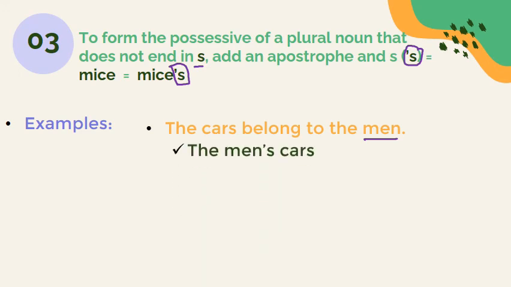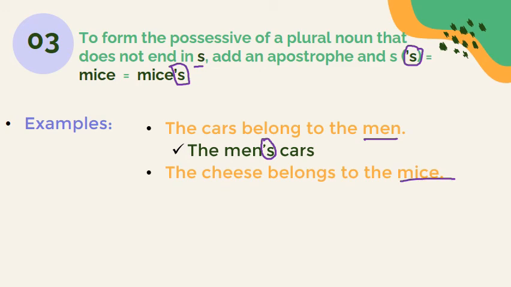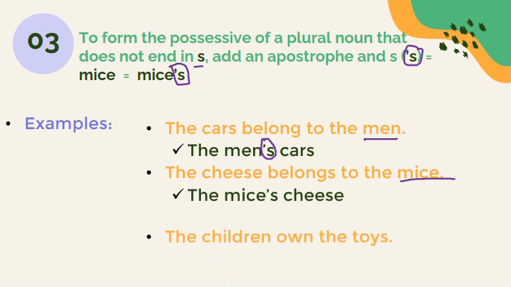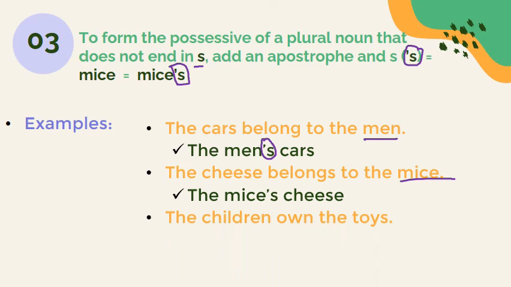How do I write it? The men's cars. I put apostrophe S just like it's in singular. The cheese belongs to the mice. I have mice, so this is also plural. It becomes the mice's cheese. And the last one, the children own the toys. It becomes the children's toys. So please pay attention. Even though these are in a plural, I added apostrophe S because they do not end in S.